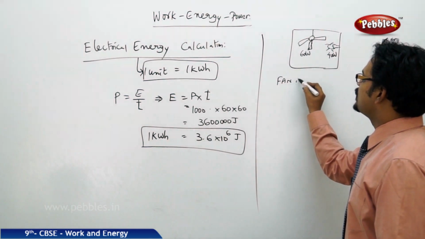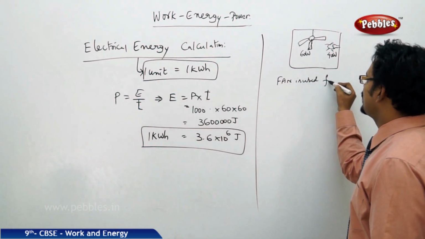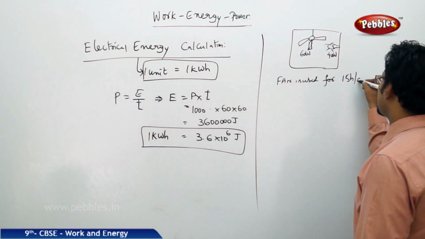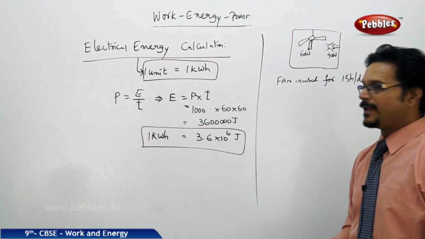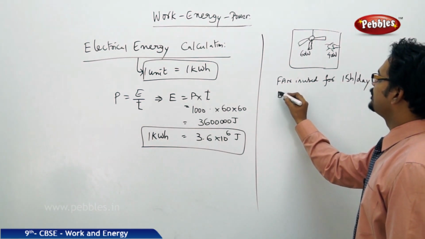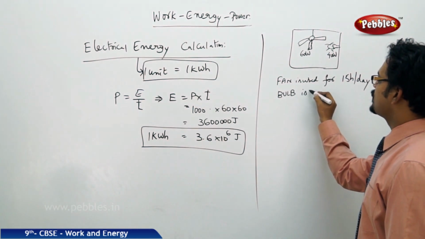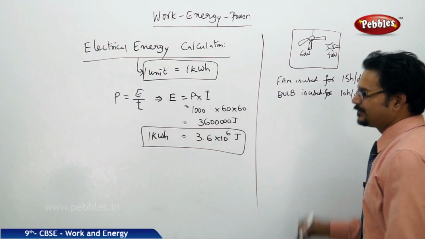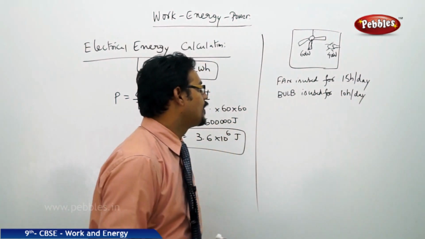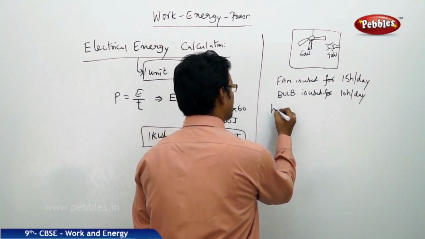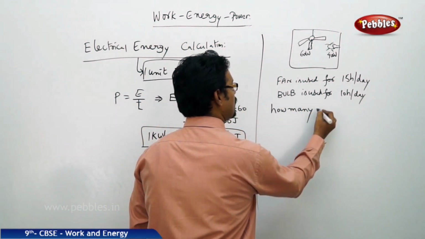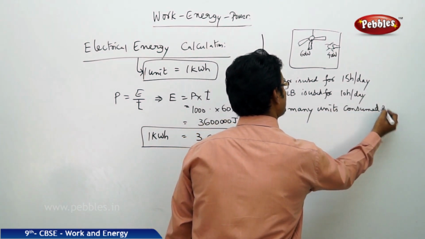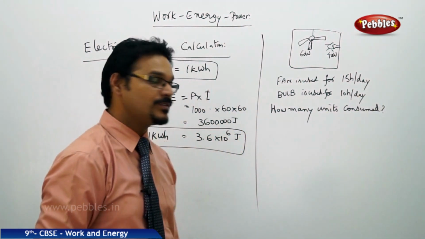The fan is used for, say, 15 hours per day, and the bulb is used for 10 hours per day. This is an example. Now, the question is, how many units are consumed? This is the first question.